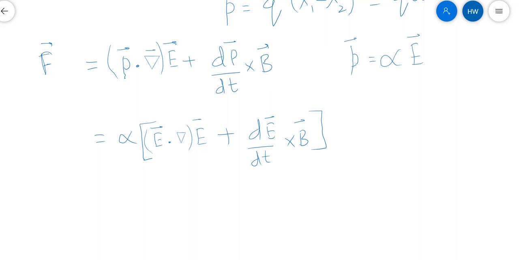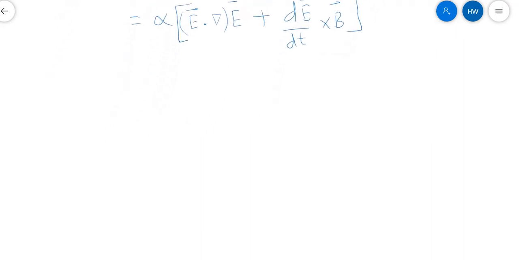So you see that now I can do a little bit of vector algebra. Just a few more steps, so let me use another ink for the vector algebra.